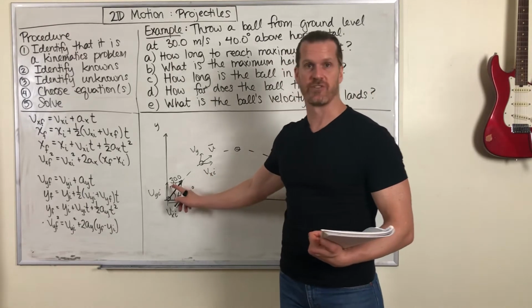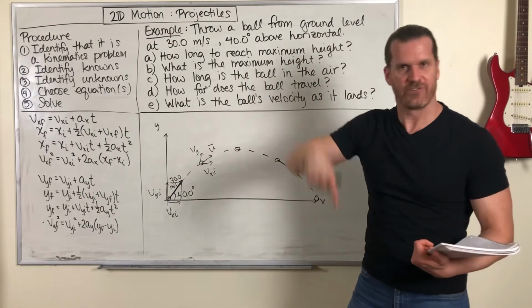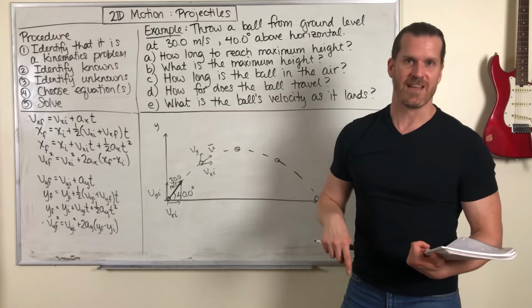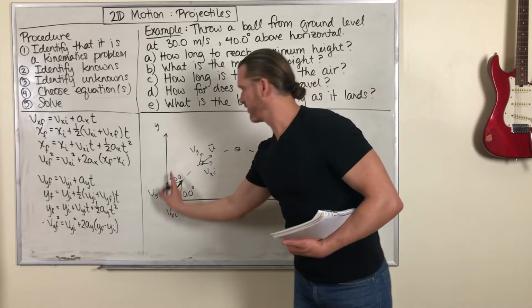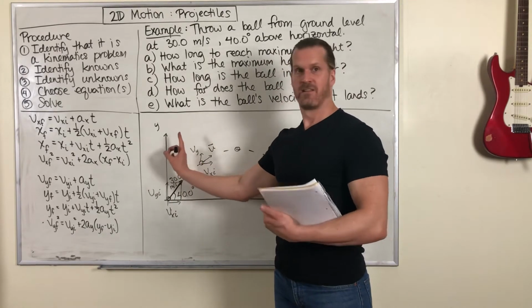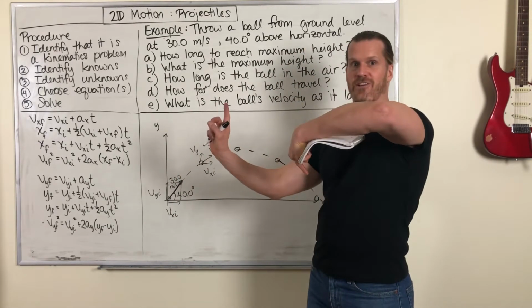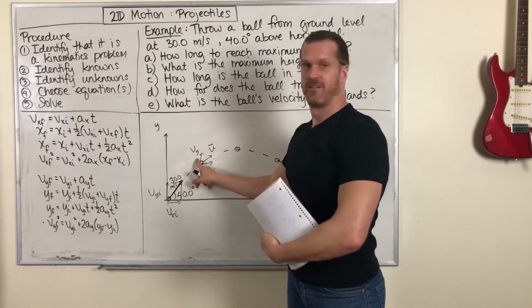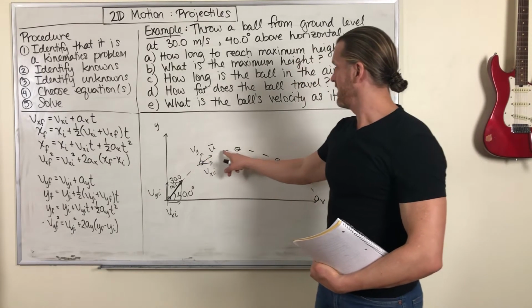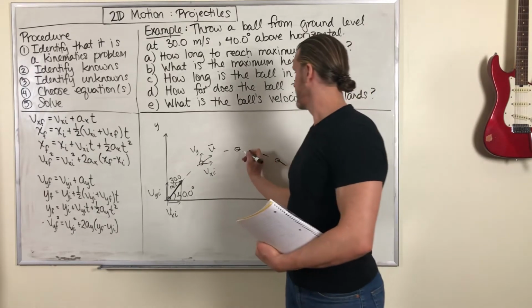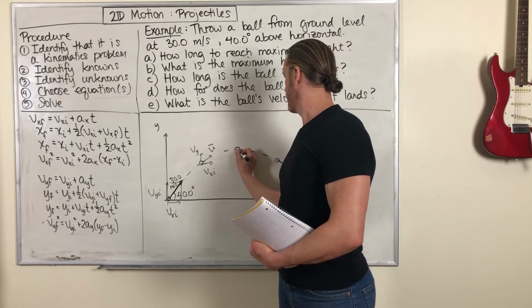In the vertical direction, though, you have acceleration from gravity pulling you down at a rate of 9.8 meters per second squared. So if this velocity was initially pointing up and acceleration is pointing down, it's going to get smaller. And it's going to keep getting smaller until you reach the peak of that motion.